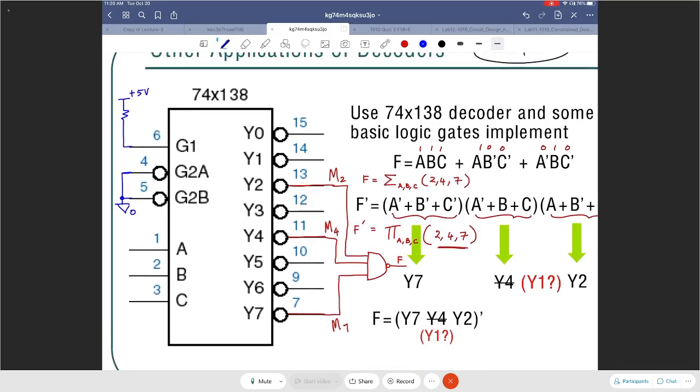Now, what about the inputs? Inputs are a little bit tricky to figure out because when we were writing these numbers 247, we considered A to be the most significant and C to be the least significant. But is that the case even for the chip? Let us try to find out.